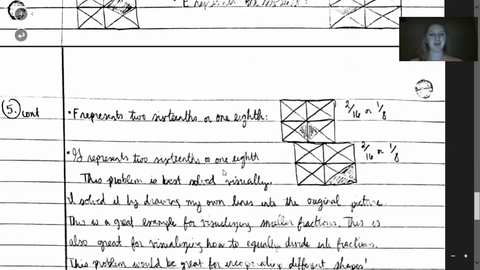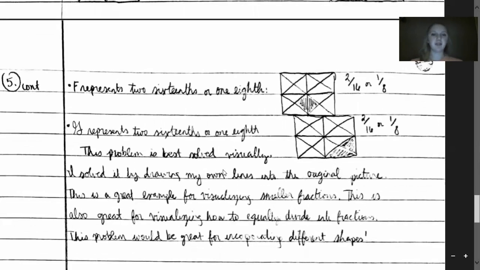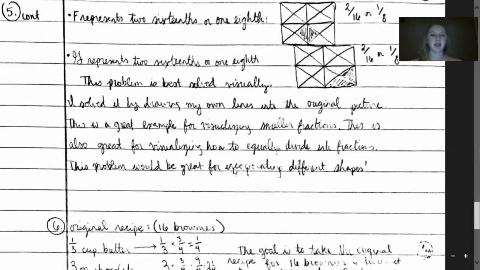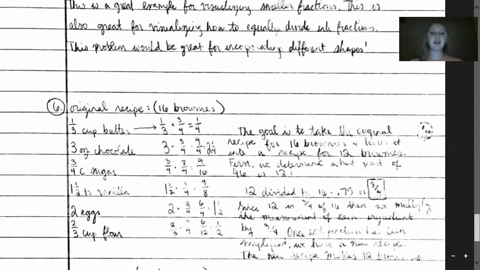D represents 2/16 or 1/8, and that's drawn below. E represents 1/16, and F represents 2/16. G represents 2/16 as well. And so each one of those is drawn out and colored in to show, and then also explained a little bit below.